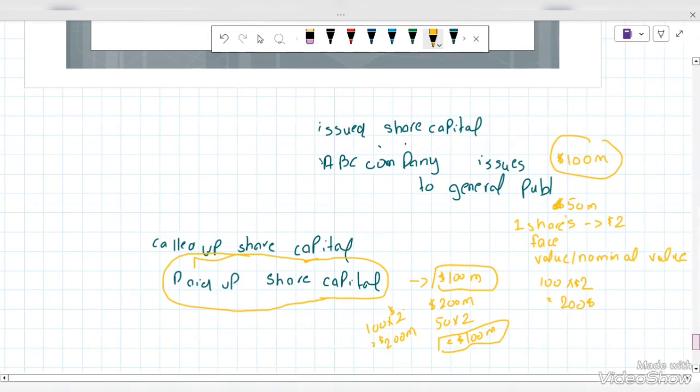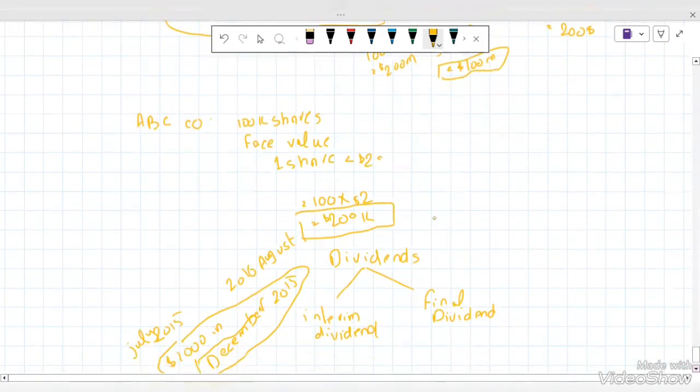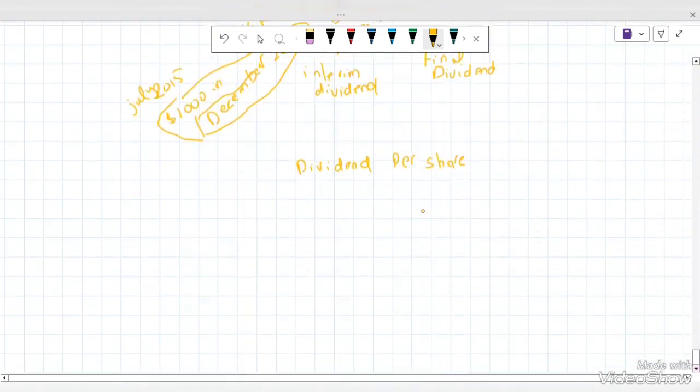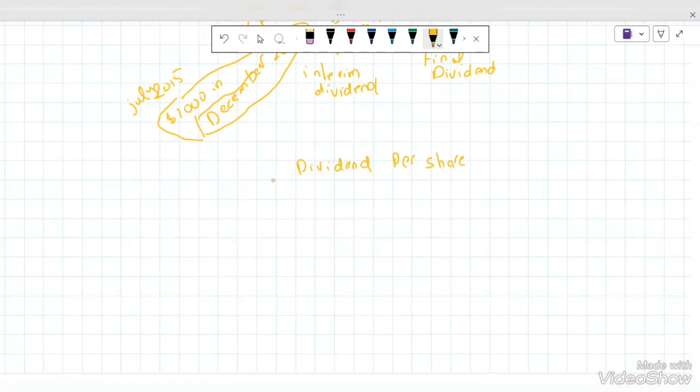Okay, but if the examiner asks you to find the dividend per share, I think I should give you an example so you can easily understand.